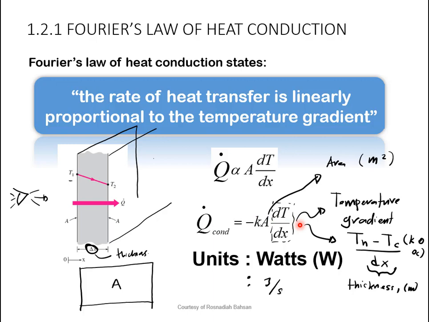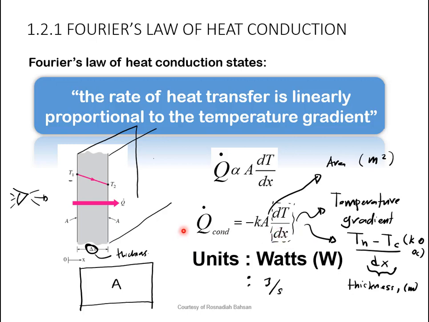Or if you want to reduce the Q dot, for example, heat from the sun directly hits our home wall and we want to reduce the rate of heat transfer, what happens?